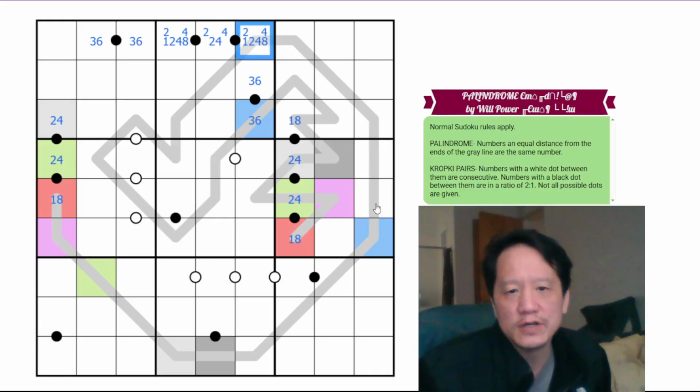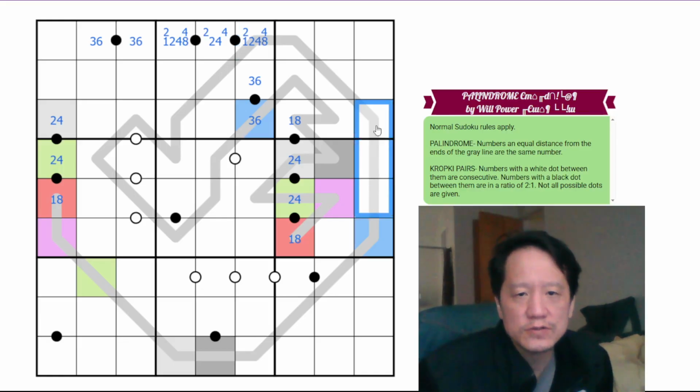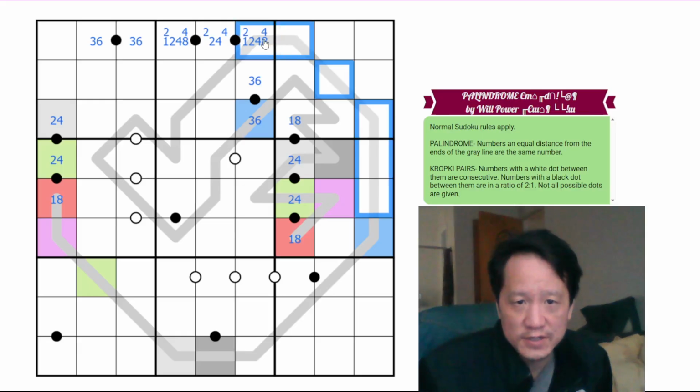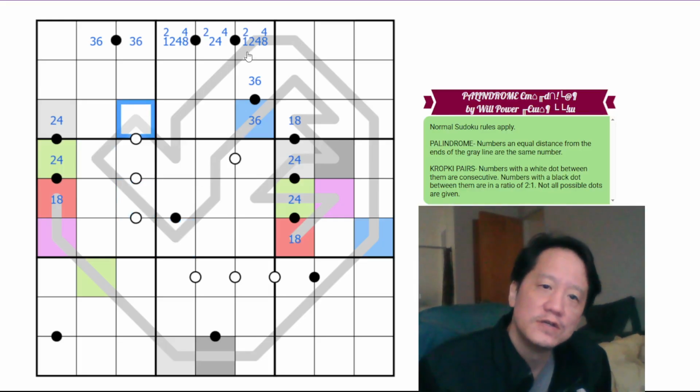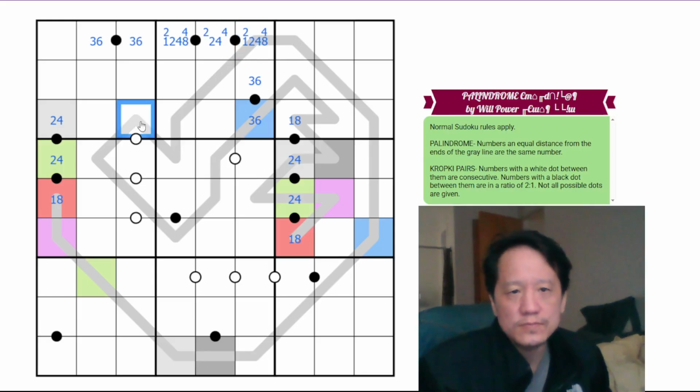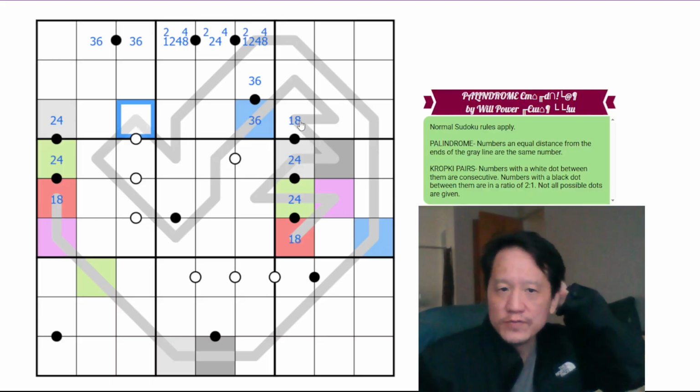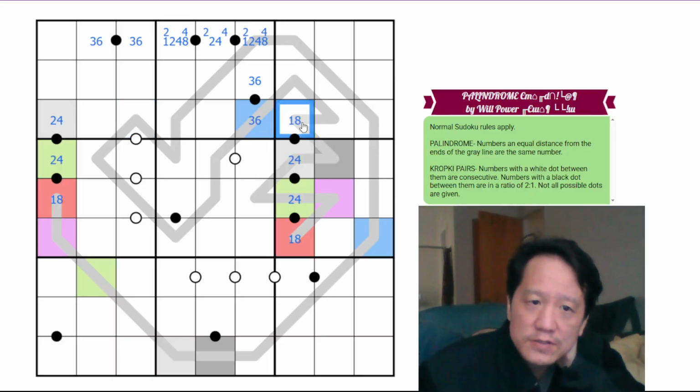So this one, 1, 2, 3, 4, 5, 6. So these are the same. And it cannot be the same as this. So this cannot be medium or light either.